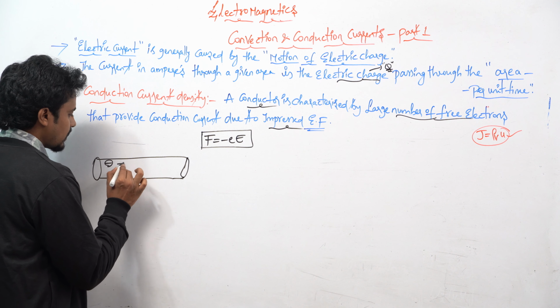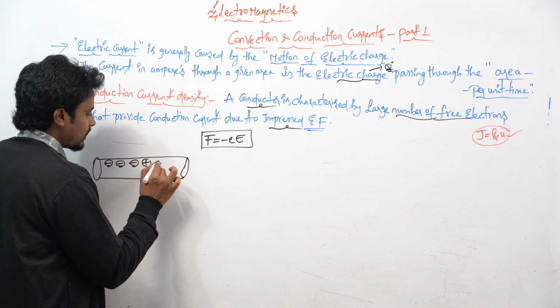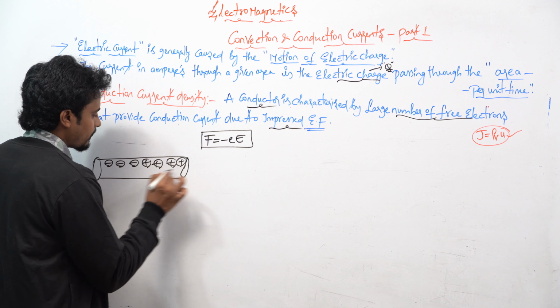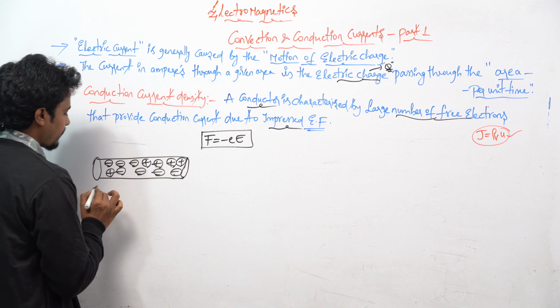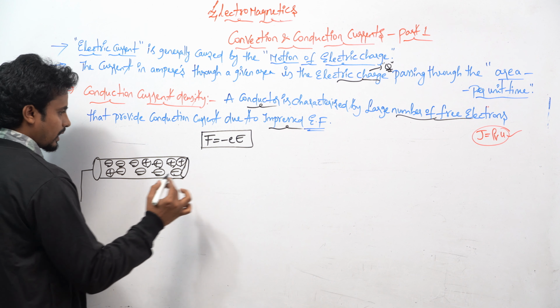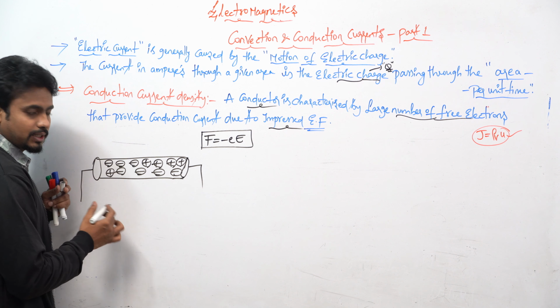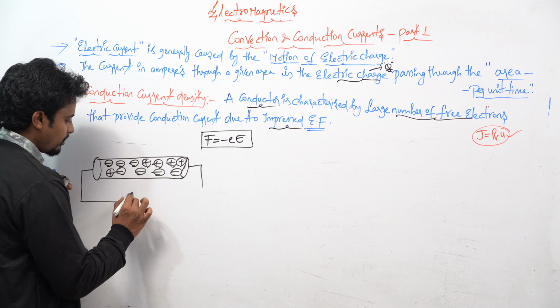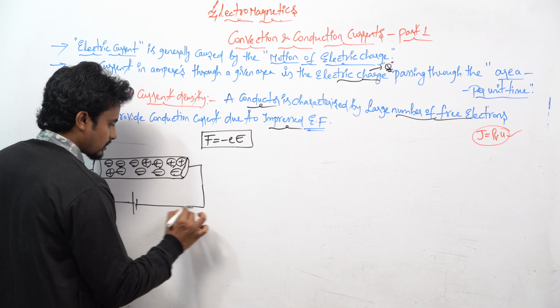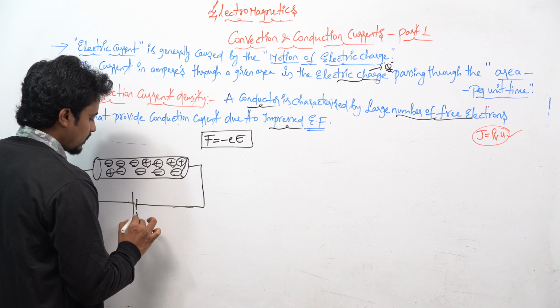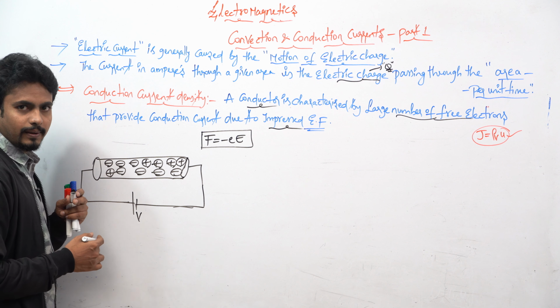It contains some electrons as well as some holes. I connect two wires to this conductor, place a battery, and give some supply voltage.